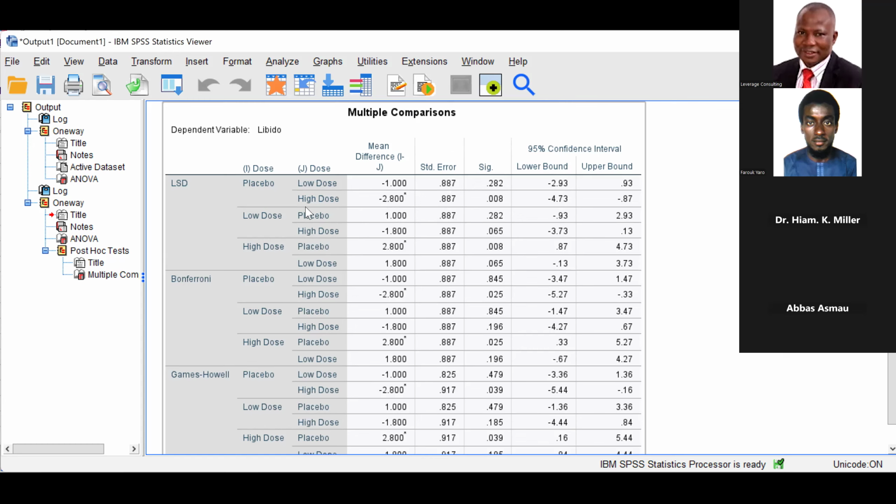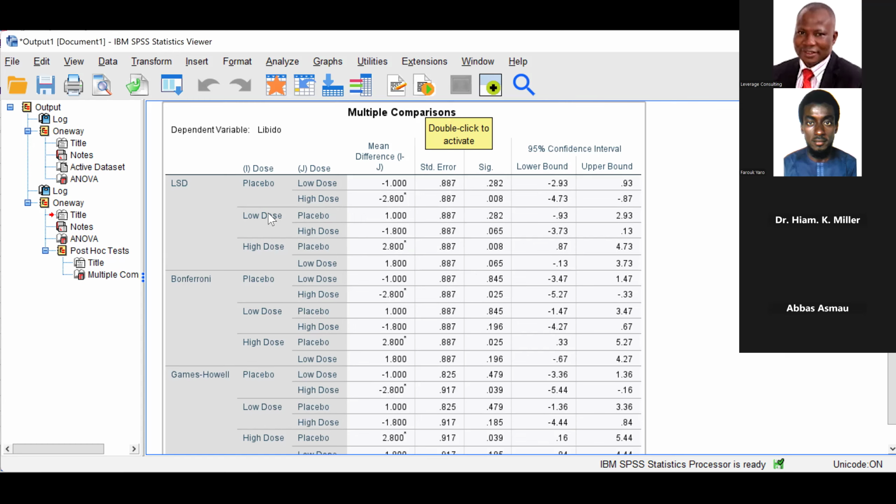So the same thing when you now come to placebo and high dose. Remember, the mean for placebo is 2.2, high dose is 5. When you remove 2.2 from 5, it gives you 2.8. That's why you are seeing this one. It's the same thing here. High dose placebo, 2.8. It's just negative, positive, minus, plus. It's just a different direction. The same thing with low dose, high dose.